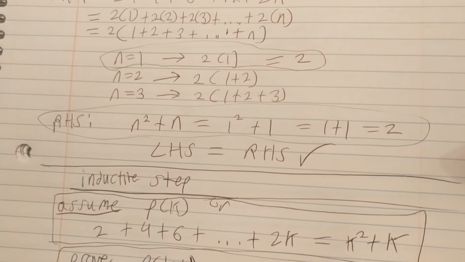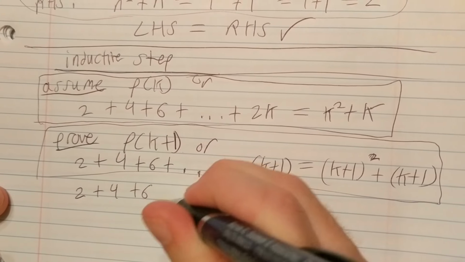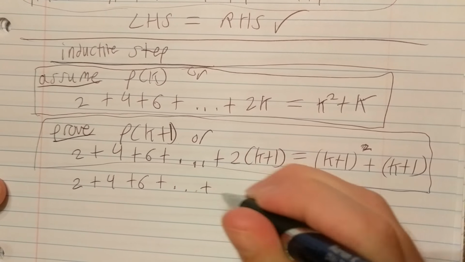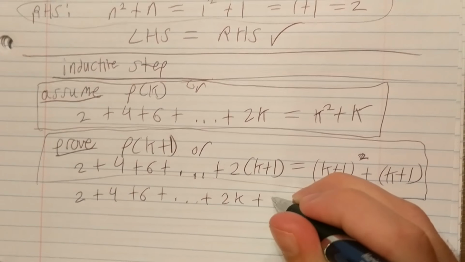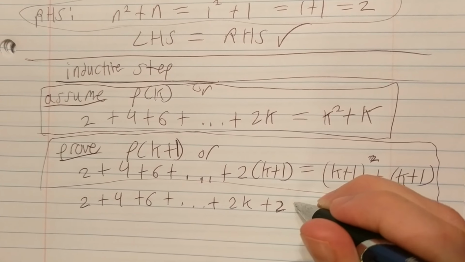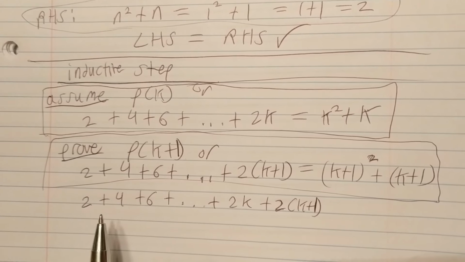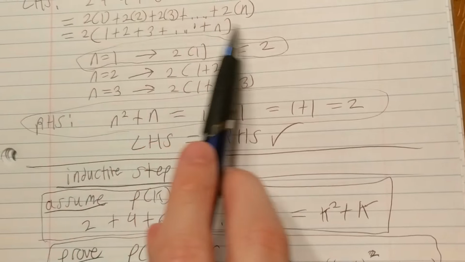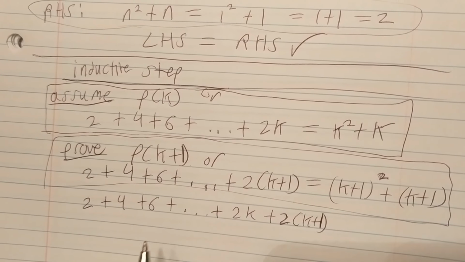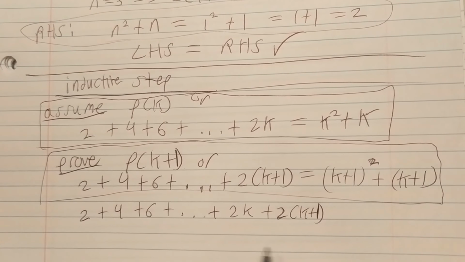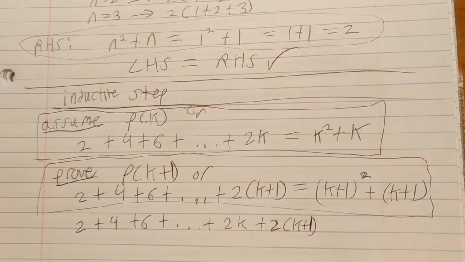So we've got 2 plus 4 plus 6 plus, and then you've got 2 times k, which is the one before k plus 1, plus 2 times (k plus 1). So basically this is just all the integers 1, 2, 3, 4, 5, 6, dot dot dot, all the way up until k plus 1, times 2.